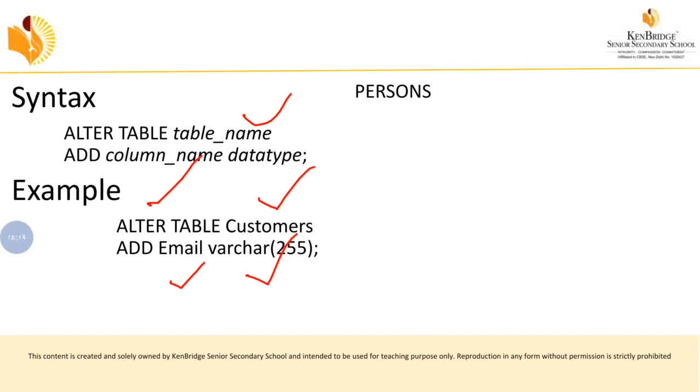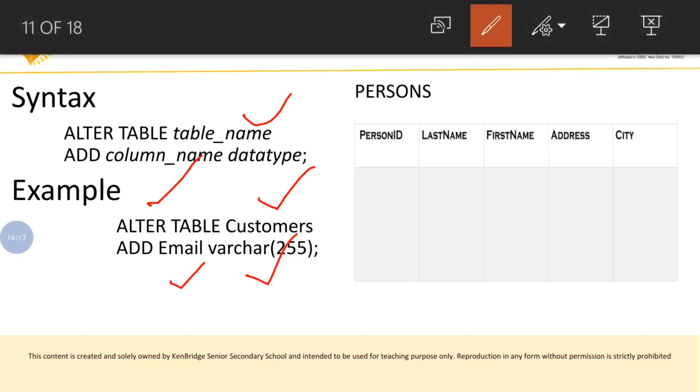Now we will see the output. Just look at this table. We have already seen this in a previous command, the drop command or create command. The table name is person. Person ID, last name, first name, address and city are already there.